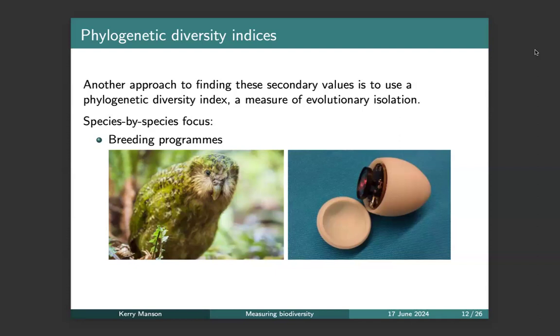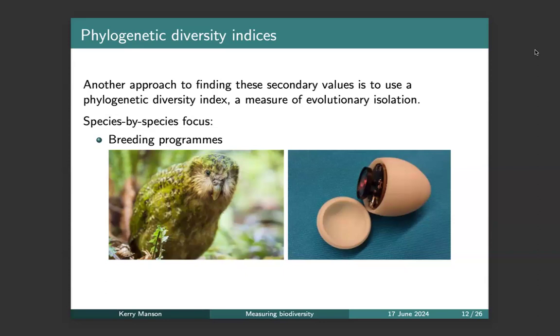This becomes important because if we think about how conservation is done, plenty of things are done on a single-species basis. So we might be looking after a particular environment that one species needs to survive, or things like these breeding programs. So here's a kakapo, and there's been quite an inventive use here where fake eggs have been developed that can even have small movements happen inside them.